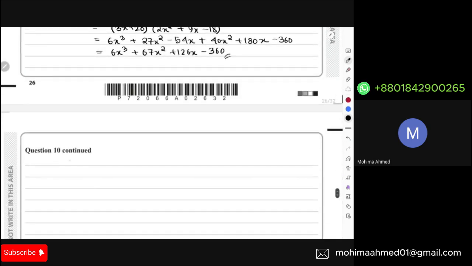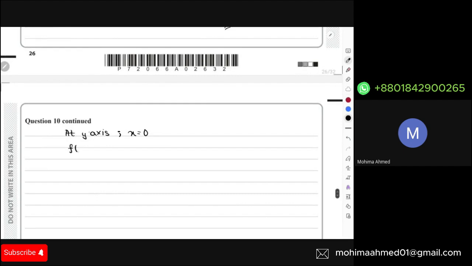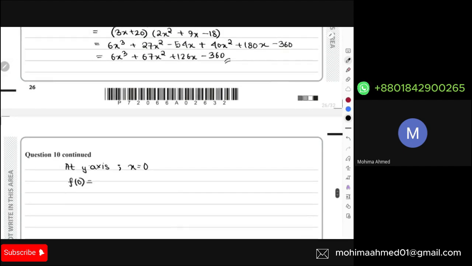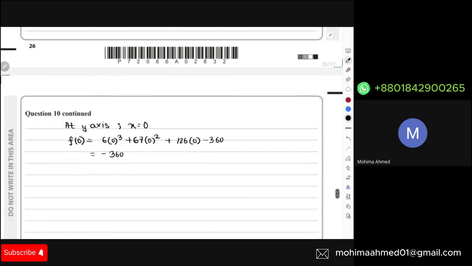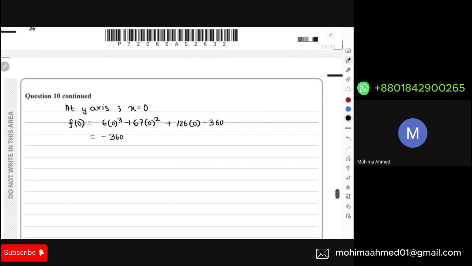For that point, I understand at the y-axis, x is always 0. So we get f(0), and that will be 6 times 0 cubed, then 67 times 0 squared, plus 126 times 0, minus 360. So the value that you get is minus 360. Now using this, I can also find the gradient of your curve.